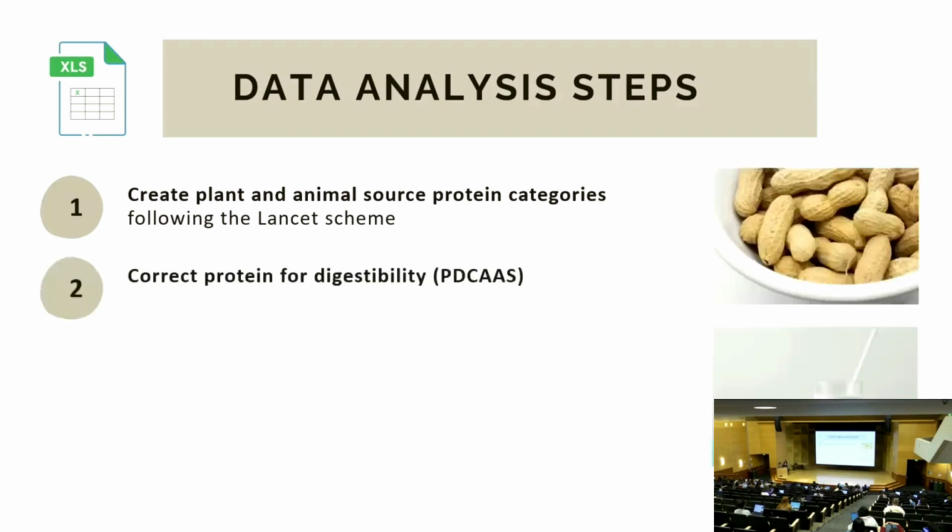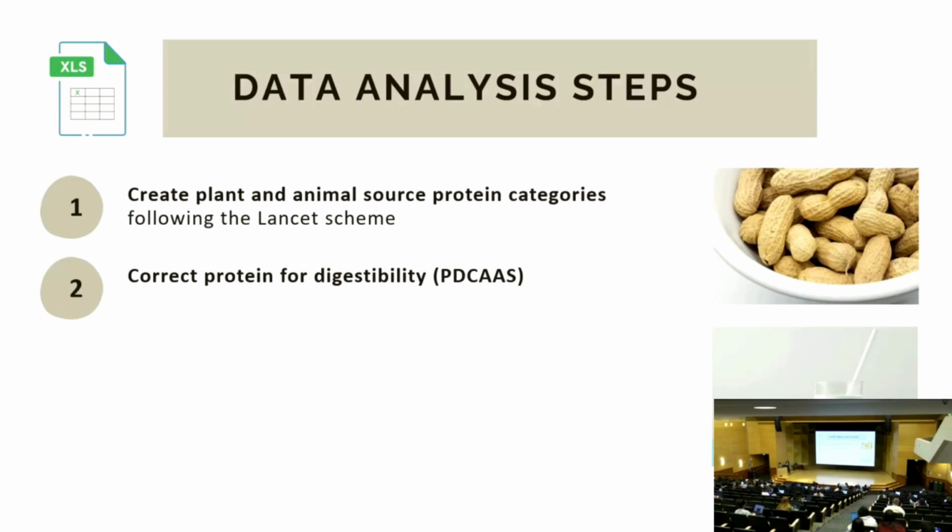Then I also was interested in this question of protein. Beal only looked at priority micronutrients, but we're also interested in, is it adequate in protein given that a high amount of calories come from plants? And with protein, there is a difference in quality between animal protein and plant protein. You may have heard of high quality, low quality, but this is measured through one score called PDCAAS, which adjusts for the digestibility of protein.